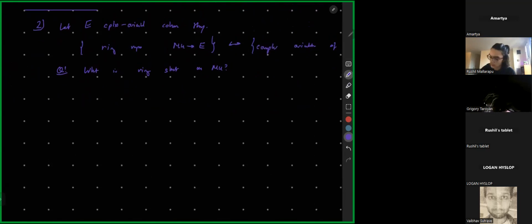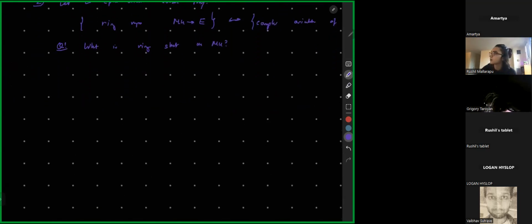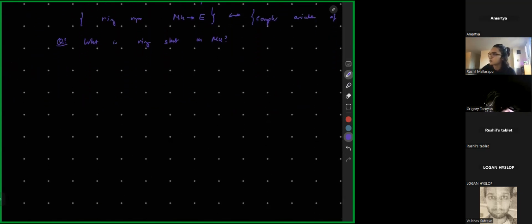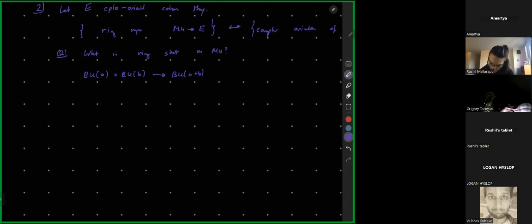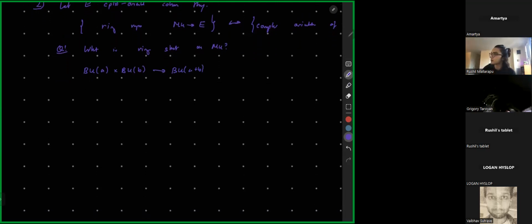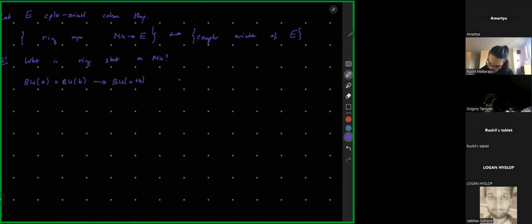To see this, we use the fact that there's a map that goes like this, which classifies direct sum of vector bundles.